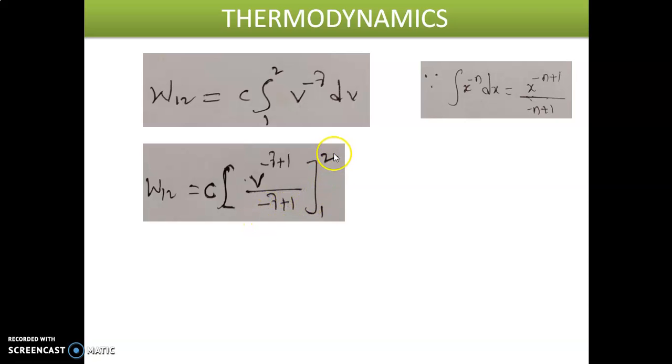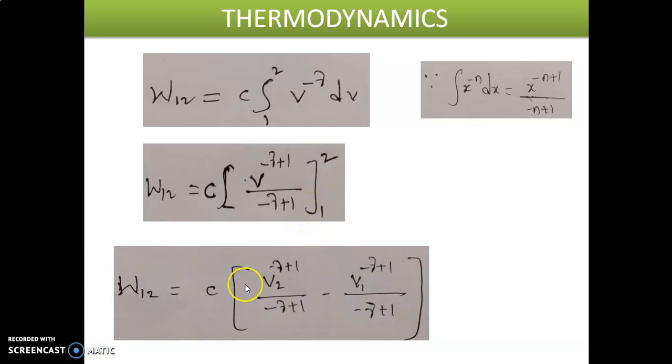Next, we apply the limits, upper limit minus lower limit. First the upper limit: W1 to 2 process is C into V2 to the power of minus gamma plus 1 by minus gamma plus 1, minus the lower limit, V1 to the power of minus gamma plus 1 by minus gamma plus 1.